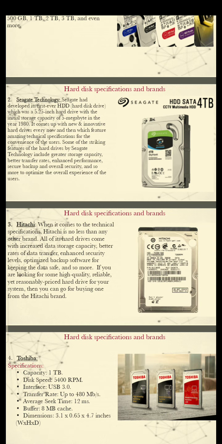The first is Seagate Technology. Seagate developed its first ever HDD, or hard disk drive, a 5.25-inch hard drive with an initial storage capacity of 5 megabytes, in the year 1980.